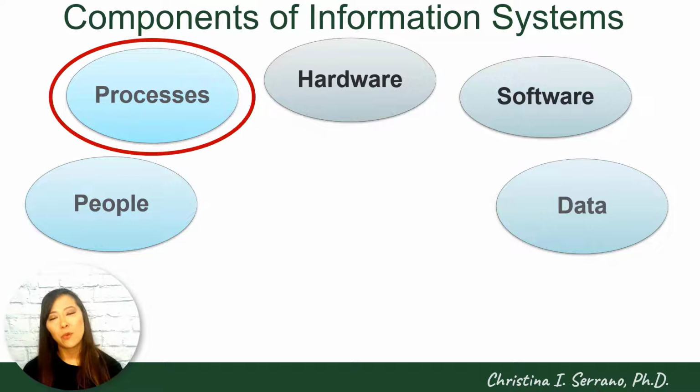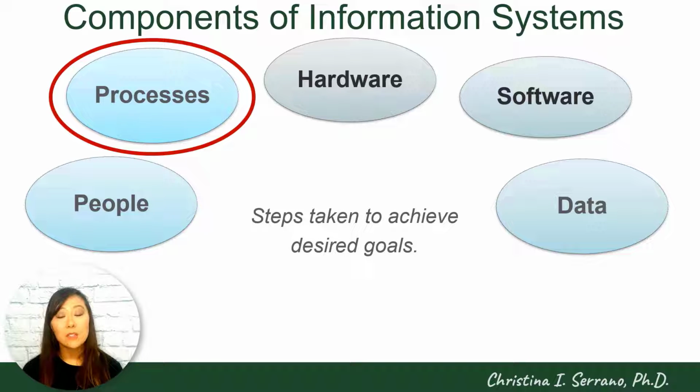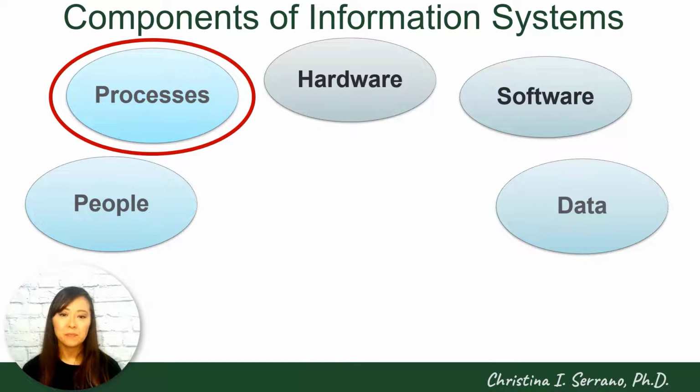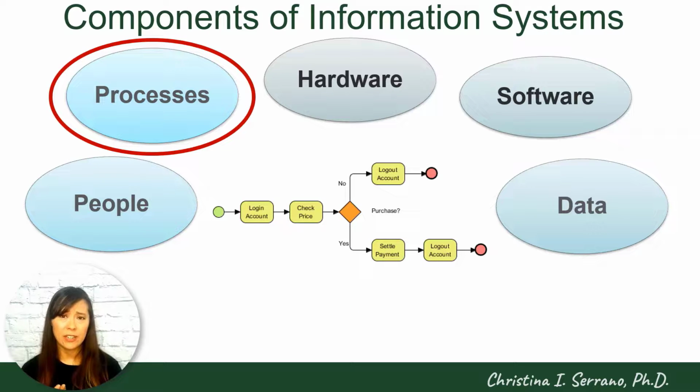Next, we have processes. These are simply the steps taken to achieve desired goals. We all engage in processes every single day, whether it's our process for starting our day or attending our classes. And when you engage in a shopping process, you take different steps or actions, from selecting certain items to buy to paying for those items.